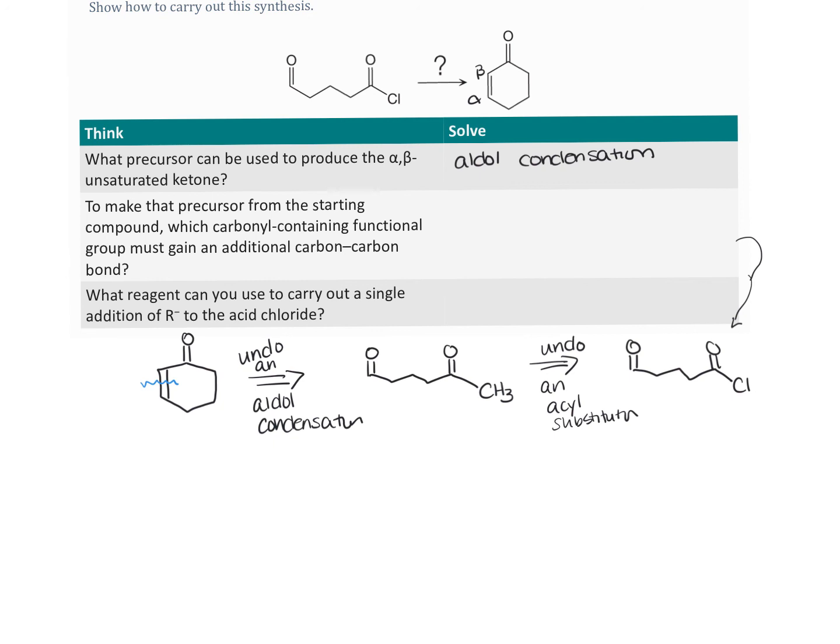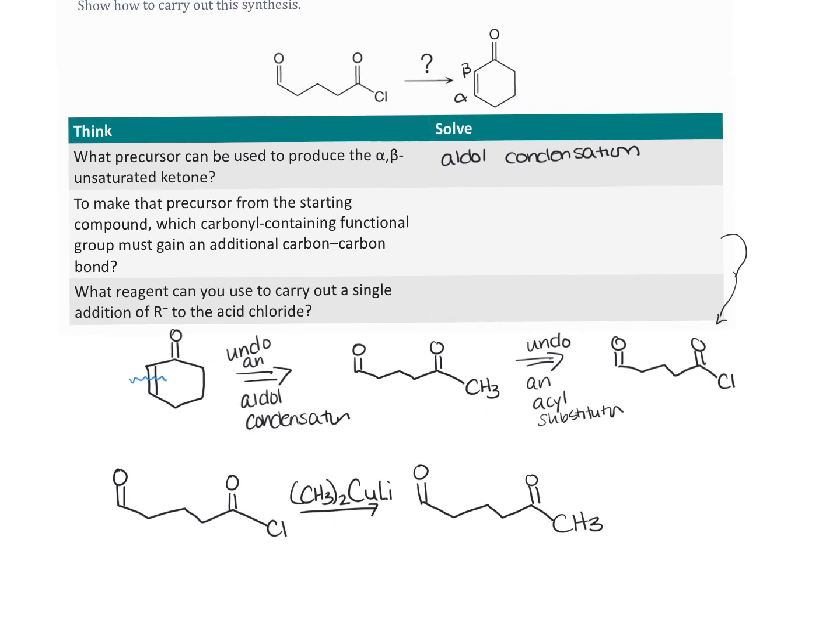So now the question we need to ask ourselves is, what reagent should you use to carry out a single addition of the R minus to the acid chloride? And that's going to be that copper lithium. And so when we look at this going in the forward direction, the copper lithium is what we're going to use.